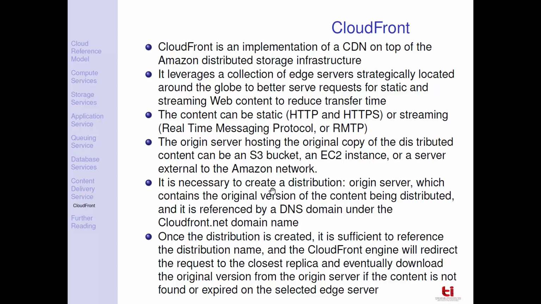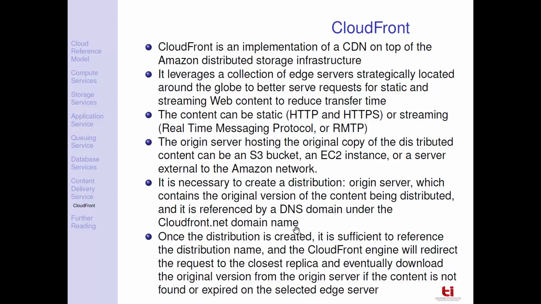It is necessary to create a distribution before the content delivery can start. Without creating a distribution, content delivery cannot start. What does it require? The origin server, which actually contains the original version of the content being distributed, should be referenced by a DNS domain name under the CloudFront.net domain.